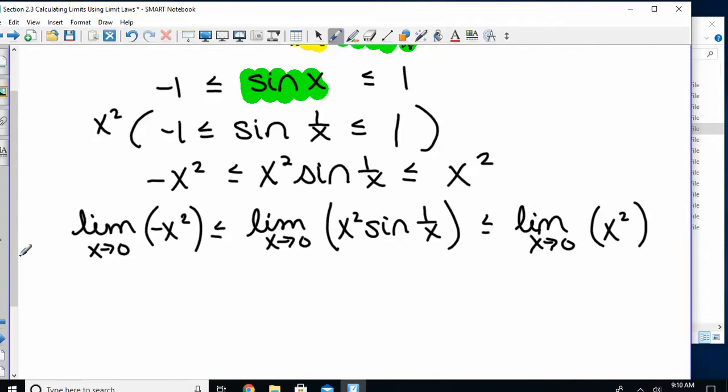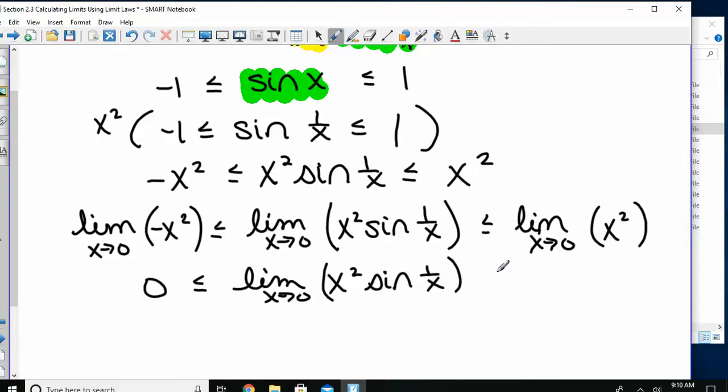Now, I still can't do the limit in the middle, but can we do the limit on the ends? Absolutely. That was from yesterday. These are just polynomials, so you can plug in. So if I put in, what is the opposite of 0 squared? 0. What is the limit as x approaches 0 of positive x squared? 0.